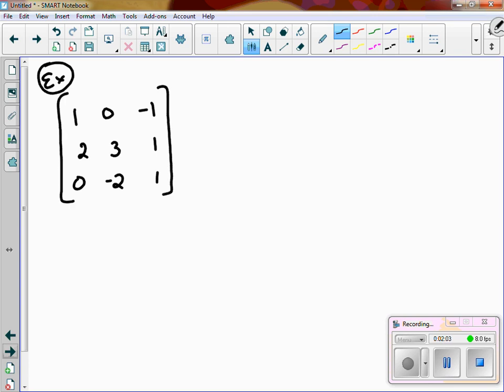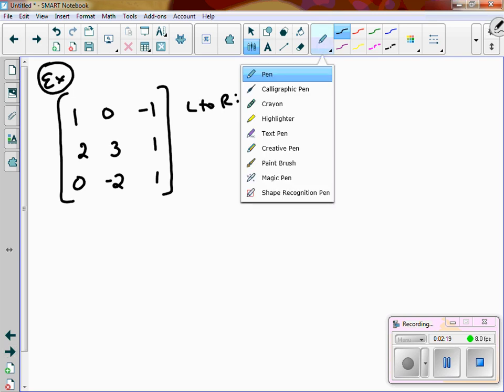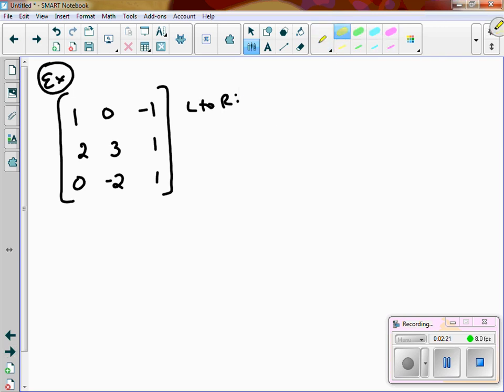So let's say I've got the matrix 1, 0, negative 1, 2, 3, 1, 0, negative 2, and 1. So my diagonals on this, you're actually going to have 3 sets of diagonals, and then you're going to subtract off another 3 sets. So we're going to look at the left to right ones first. If I'm looking at left to right, I've got 1 times 3 times 1.